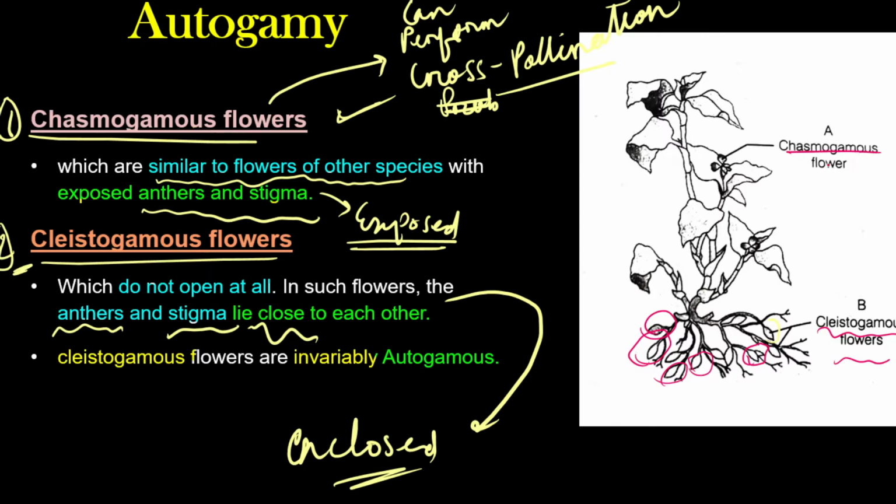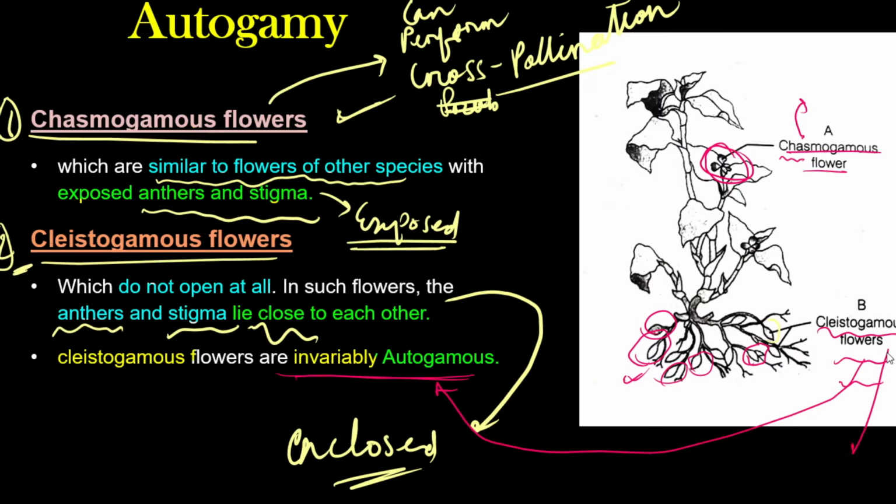In chasmogamous flowers you can observe that the stigma and anthers are exposed, while in this case they are enclosed within the flower. As I just discussed, chasmogamous flowers can perform cross pollination, but cleistogamous flowers are invariably autogamous. They are purely autogamous flowers. That means they always perform self-pollination.